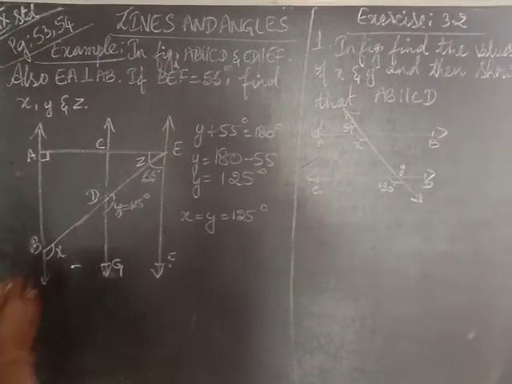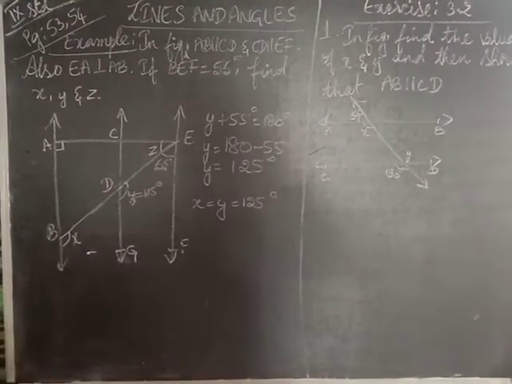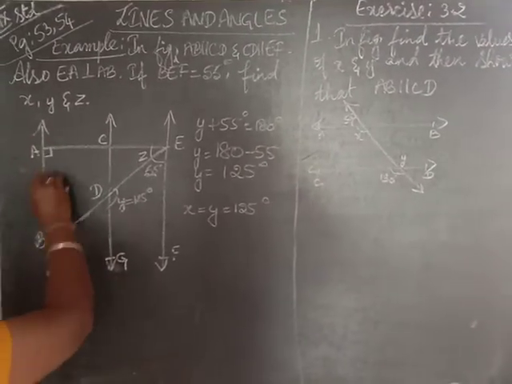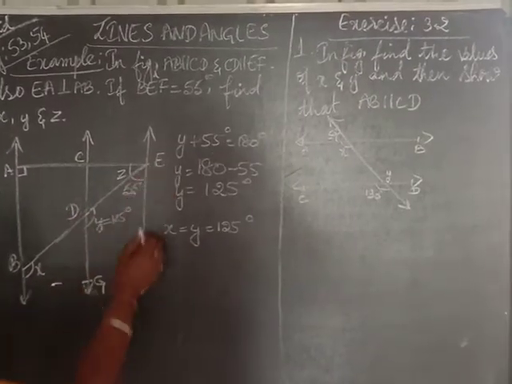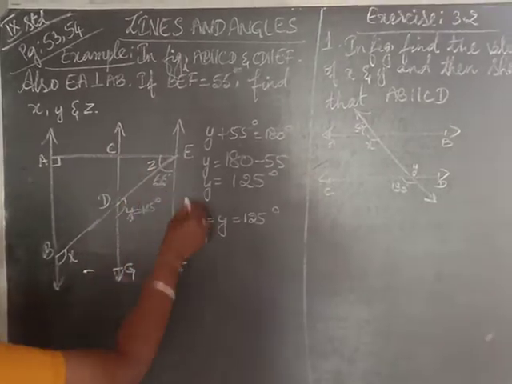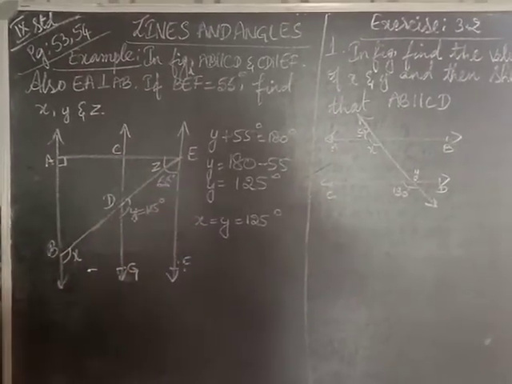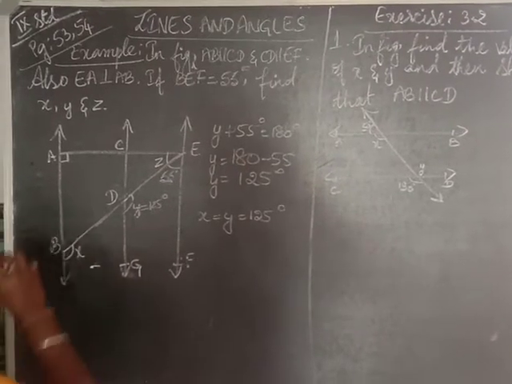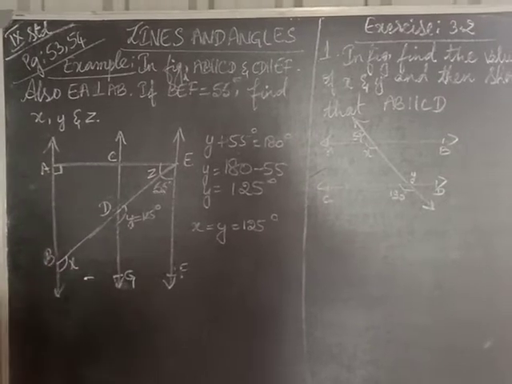Now, how to find out Z? Here for this we can use the concept: if AB is parallel to CD and CD is parallel to EF, then we can say AB is also parallel to EF. And then here they have given EA is perpendicular to AB.